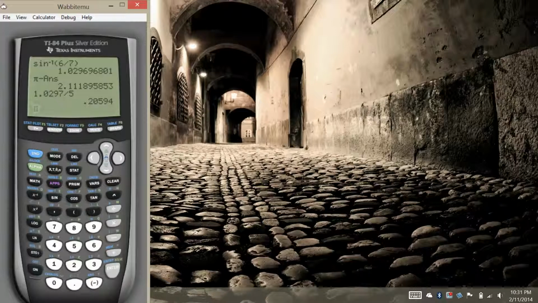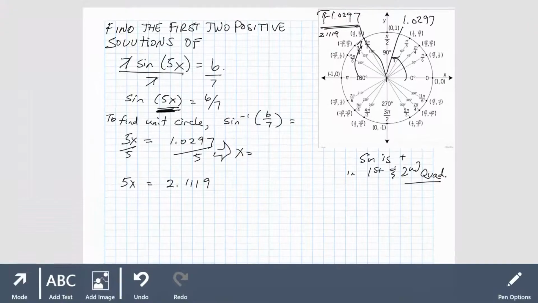And we get 0.206 radians. So this is my first positive solution, correlating with that first quadrant as I'm going through my unit circle. So this gives me my first value of x.